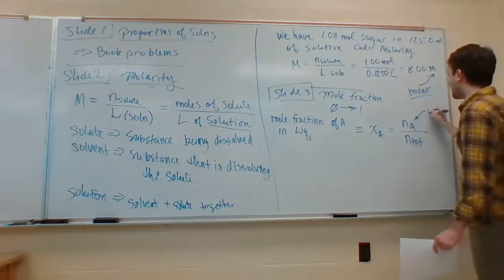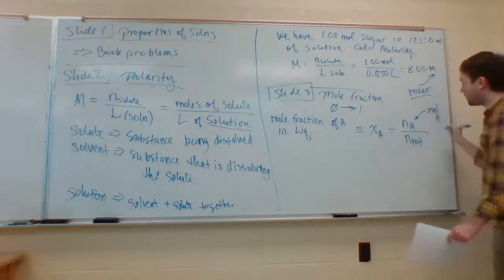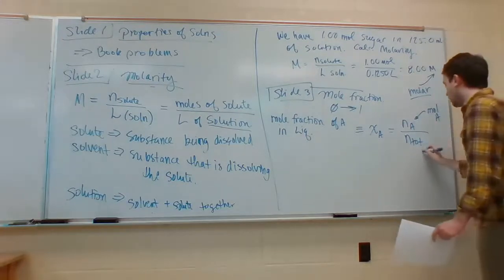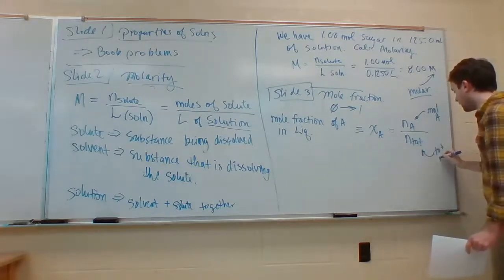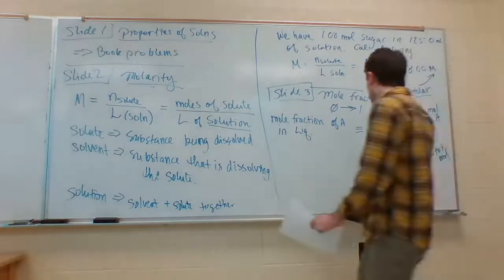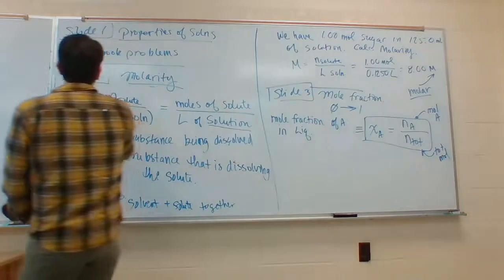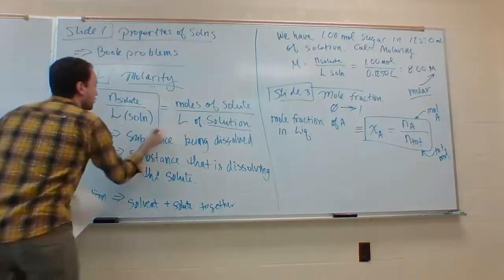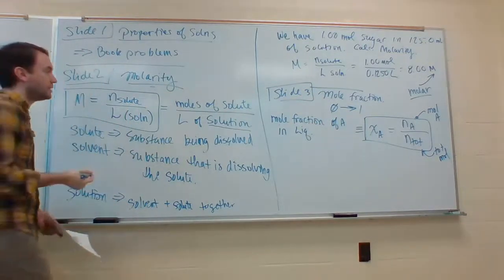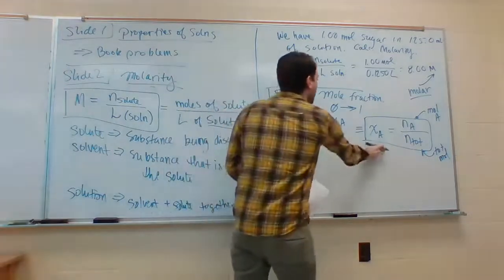So again, that's moles of whatever we're looking at, A, over our total number of moles, all right? That's important, okay? And I should probably box around this one as well. Make sure that you write down these equations because they're going to be important, all right?